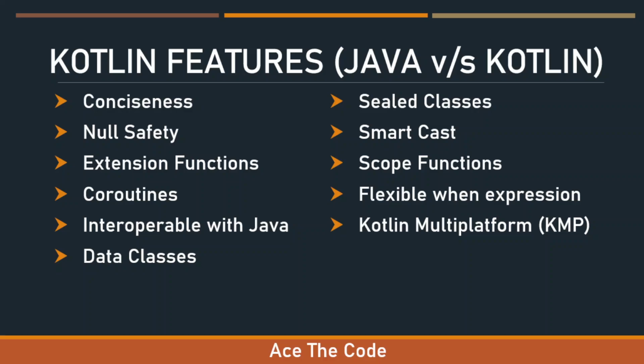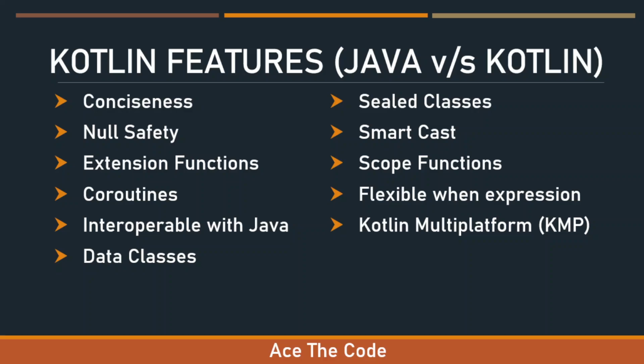Another example could be scope functions. Scope functions reduce our coding efforts to a great extent. Smartcast is another feature which makes it easier to smart cast objects into target variables with a lesser amount of code.